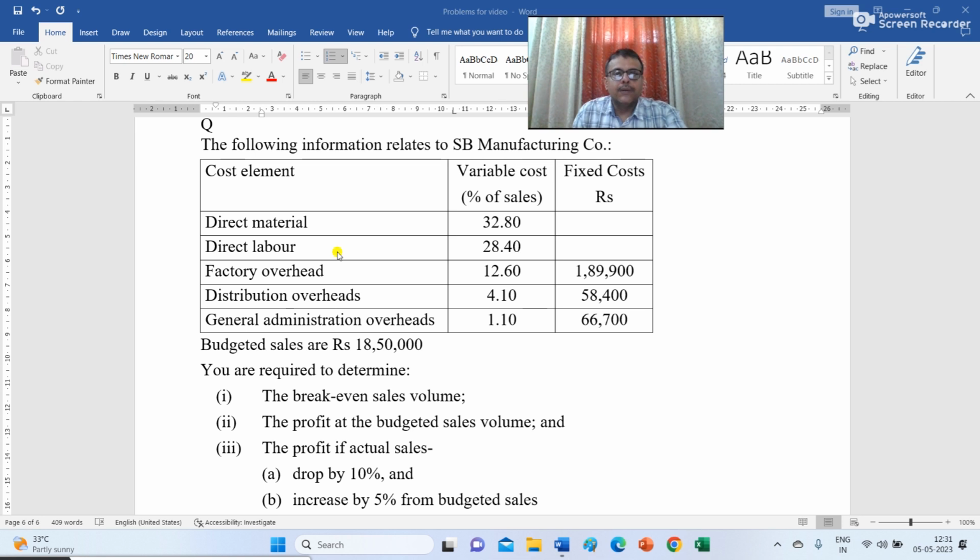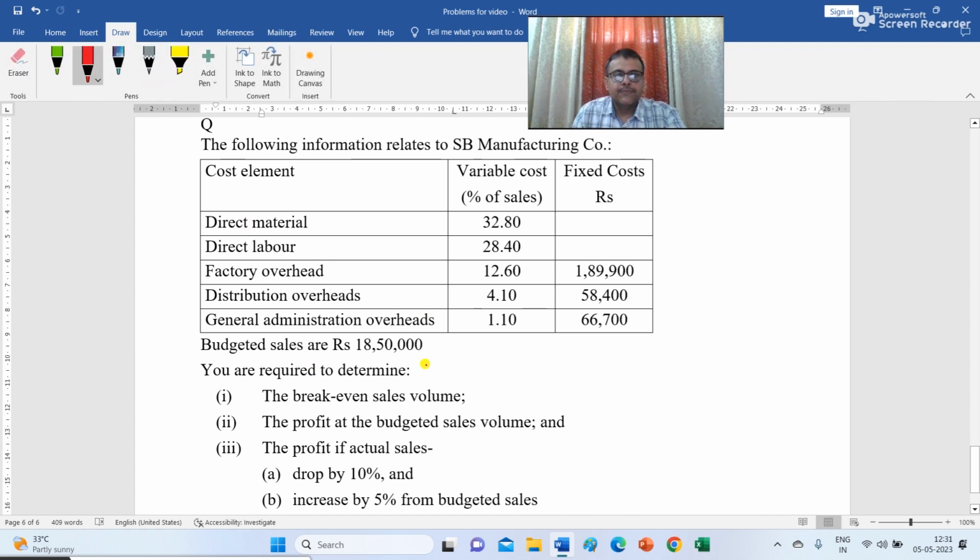So here it is given that the total sales is for rupees 18,50,000 and the total variable cost as a percentage of sales is 79%. So if you add up 32.80, 28.4, 12.6, 4.1 and 1.1, you will get 79%.